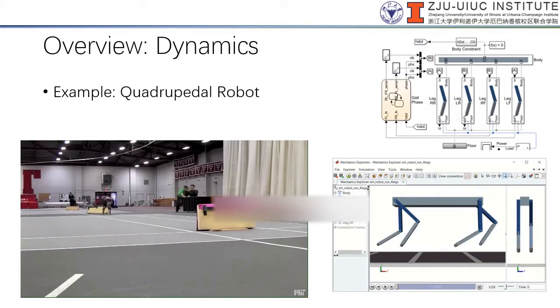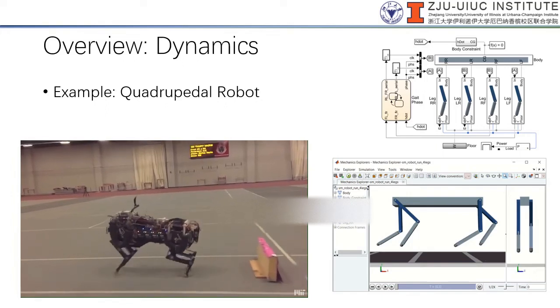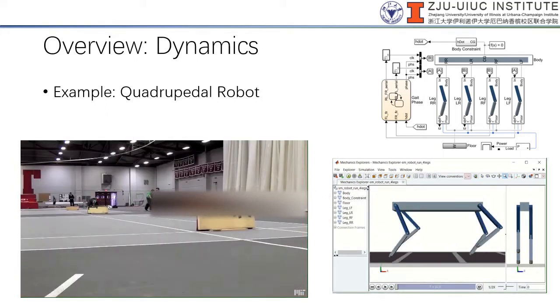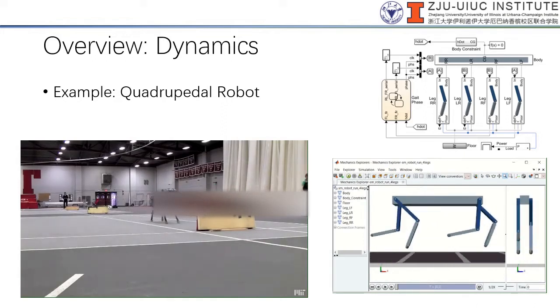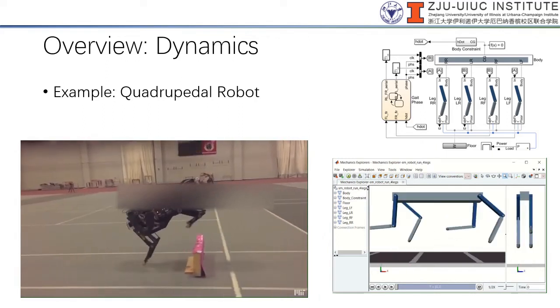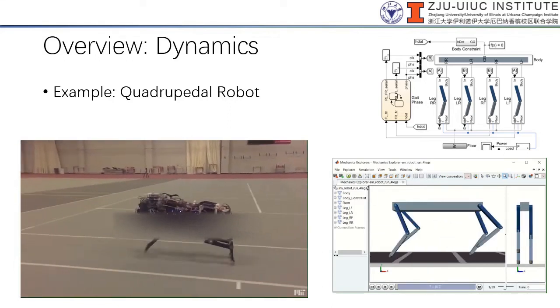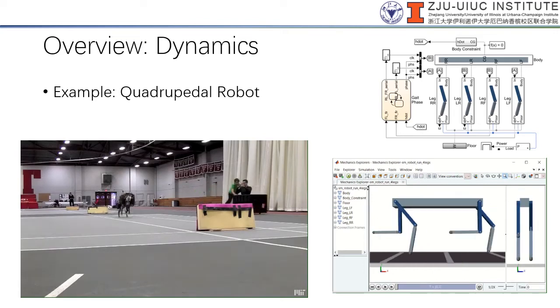So apart from the kinematics, understanding how the robot can be represented in 3D space, and how the change in position and orientation can also be represented in a systematic coordinate system or method, we also need to understand how it interacts with the environment. So a lot of dynamics can be involved in this case, which we as human beings often take for granted, the way we interact with the environment.